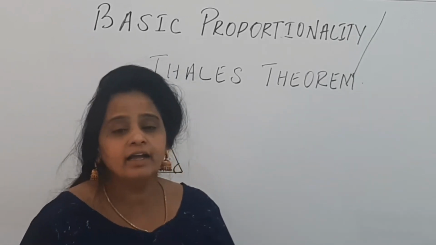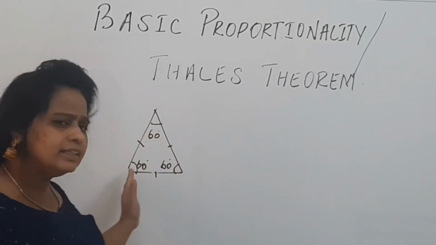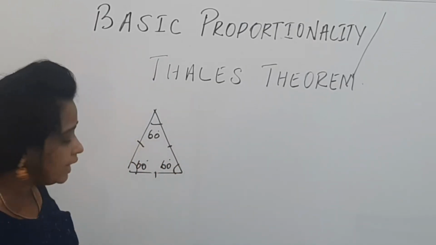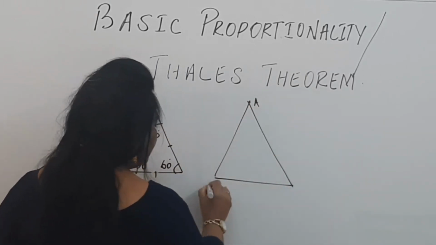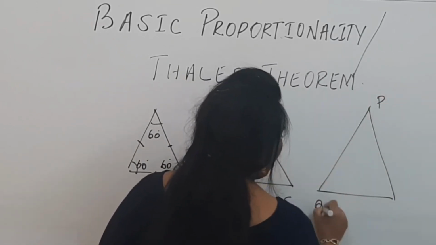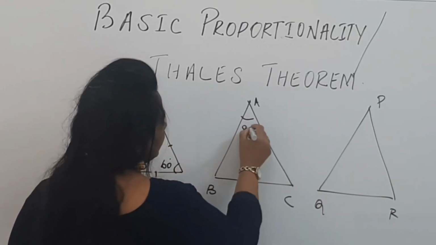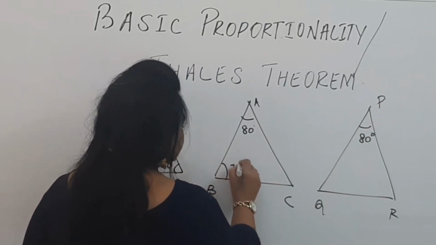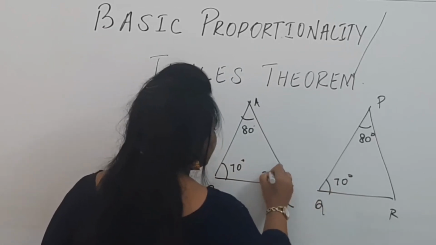In a triangle, if the triangles are equiangular, I have taken an equilateral triangle, but it is not concerned only with the equilateral triangle. I can take another triangle. Suppose the triangles are ABC and PQR. Angle A is an acute angle, let it be 80 degrees, so this is also 80 degrees, and this is 70 degrees, so this is also 70 degrees, and this is 30 degrees.